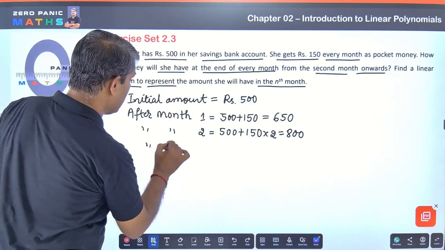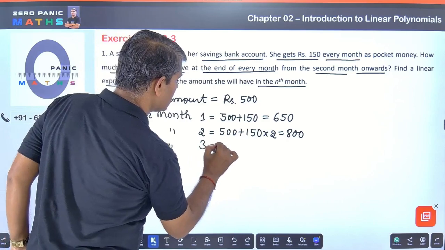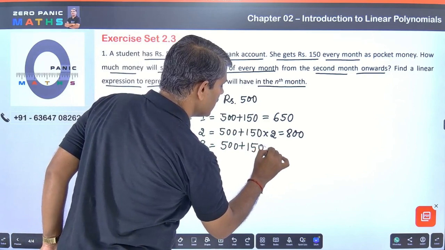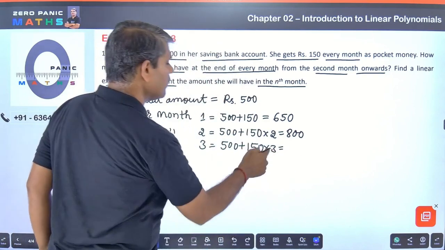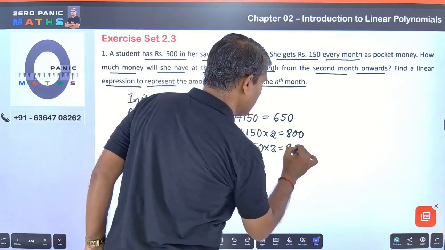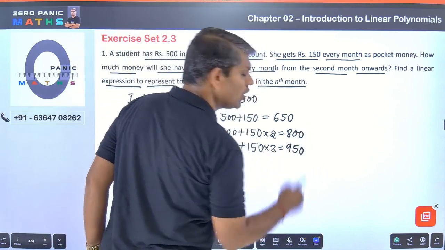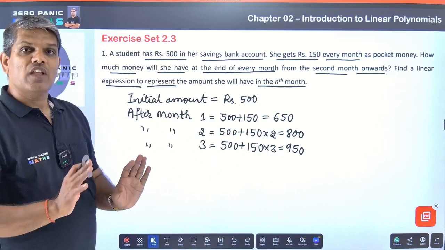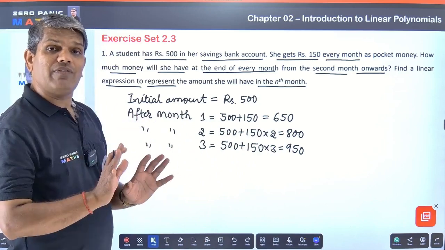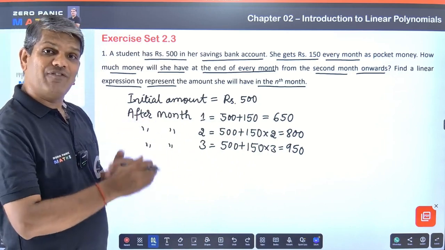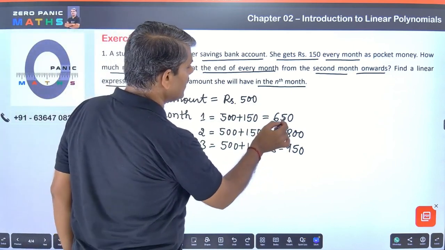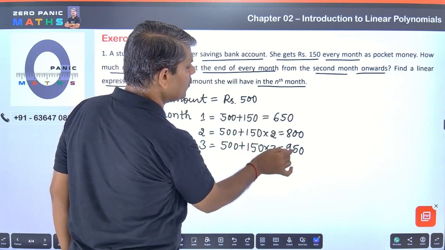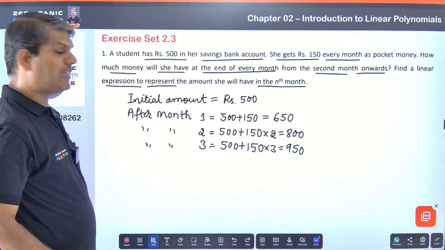Similarly, after month 3, it is 500 plus 150 times 3, which is 450 plus 500, 950, and the same 950 you get by adding 150 to the previous amount 800. So a constant value is increasing every month, and that constant value is 150. You see, 500 to 650, 650 to 800, 800 to 950.